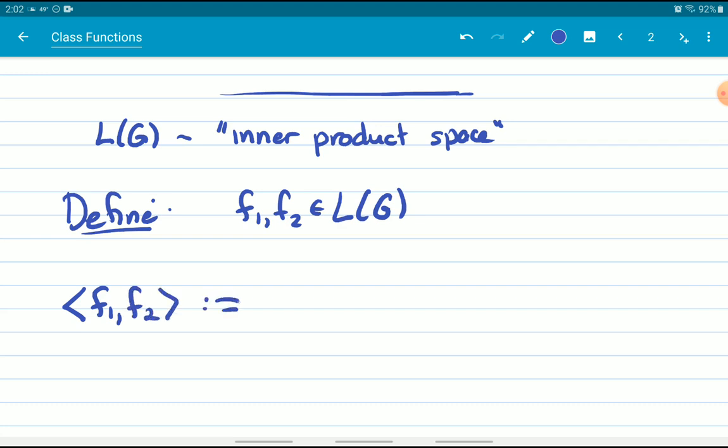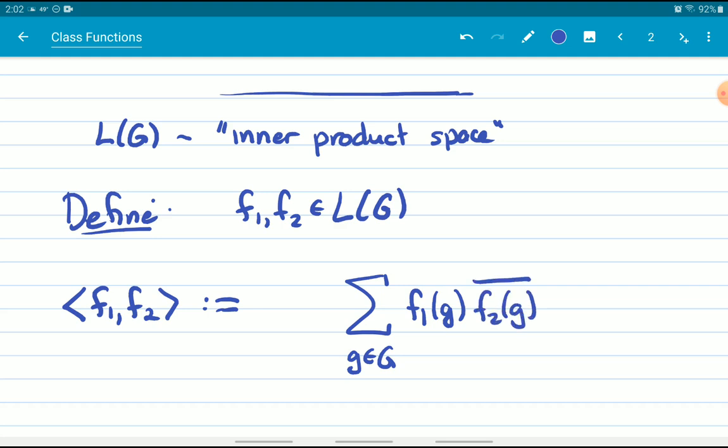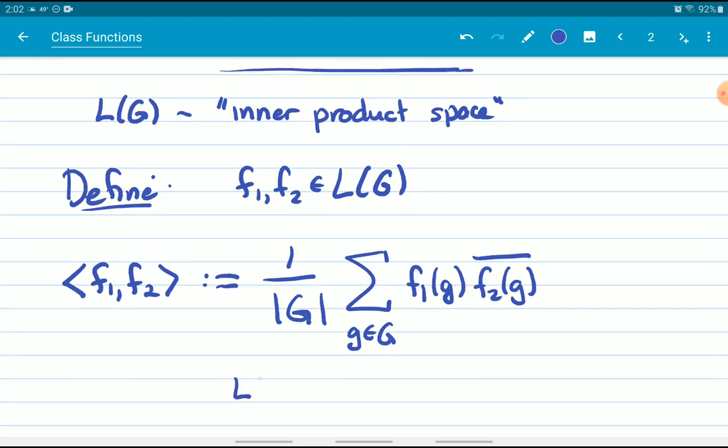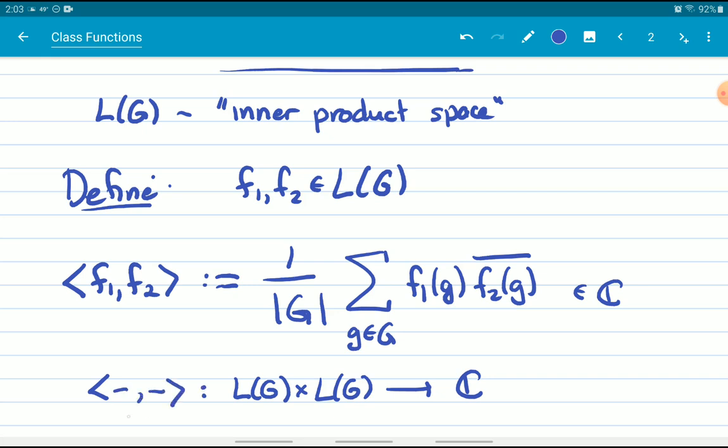That's defined to be the following: I'm going to take the sum over elements of the group of the value of f1 at G times the complex conjugate of the value of f2 at G, and then divide the whole thing by the order of the group. So this is really a function from the product set L G times L G, pairs of functions, and it gives you a complex number. I call this a pairing.